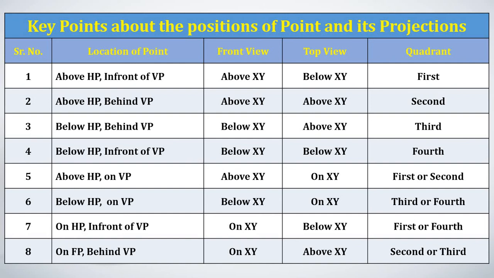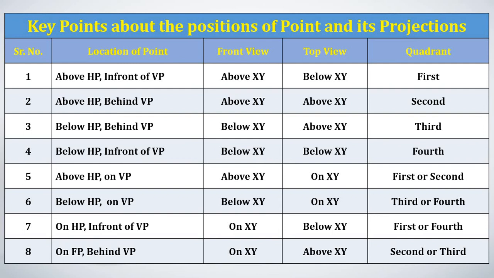If the position of the point is given as above HP and in front of VP, the front view for that point is above the XY line, the top view is below the XY line, and it lies in the first quadrant. If the position is above HP and behind VP, the front view again lies above the XY line and the top view is above the XY line, and the quadrant is the second quadrant.